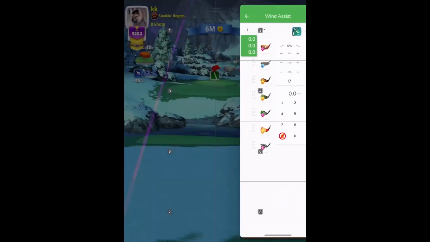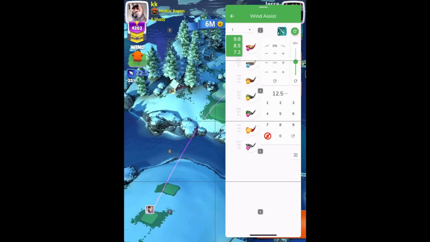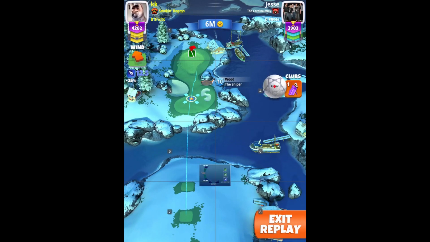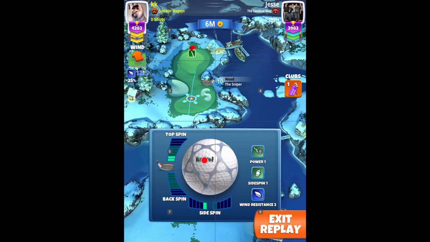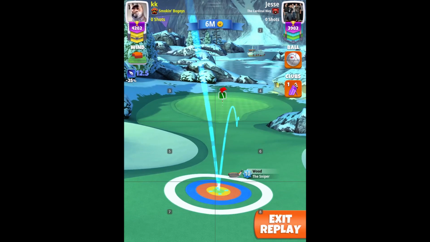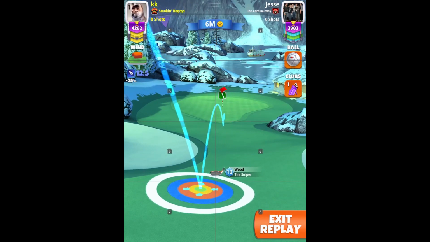Here's a right to left tailwind, again setting up in the same spot with 1 left spin, about 2.3 top spin. So with spin, the second bounce is kind of before that fringe there.